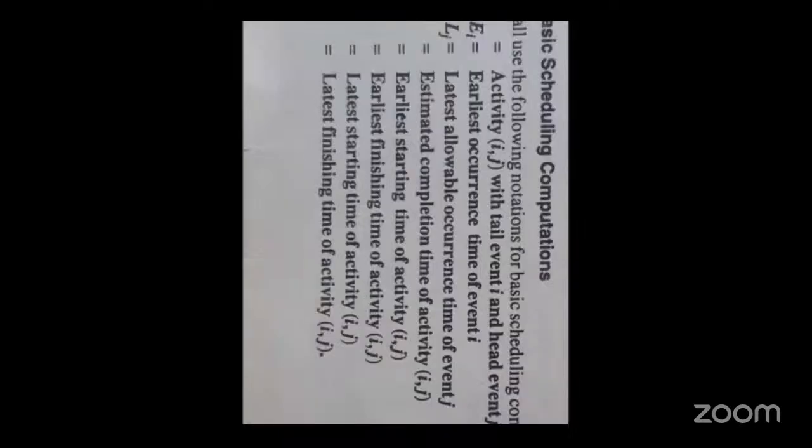So i indicates the tail event and j indicates the head event. These are the notations.